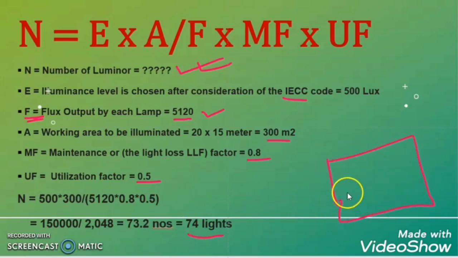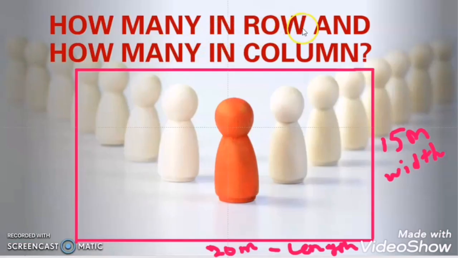But here one question arises: how many lights are required in length and how many in width? How many lights do we require in a row and how many in a column? It's the same as how many lights in length and how many in width.